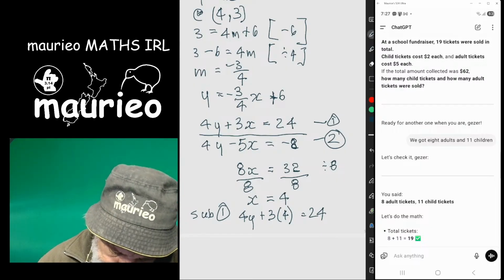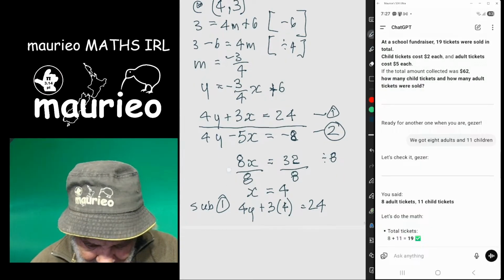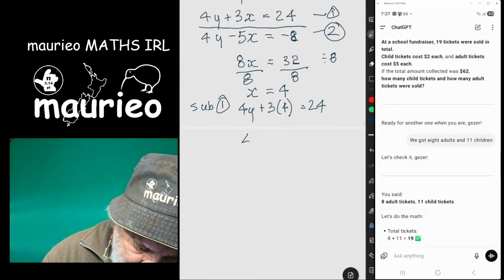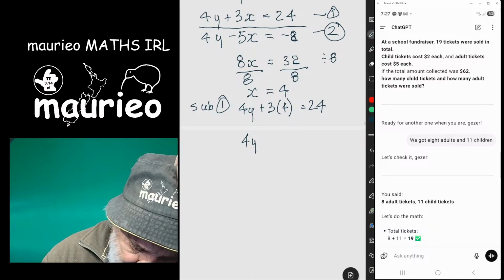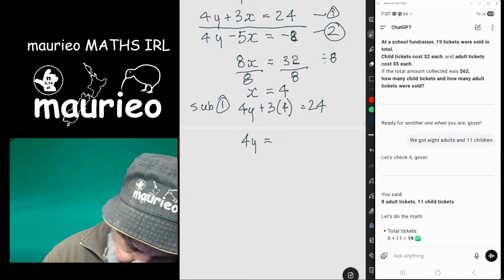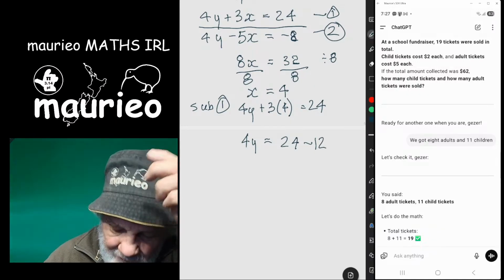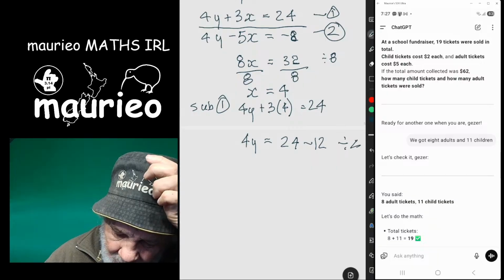Okay, and so that gives us 4y equals 24 minus 12. We divide through by 4.